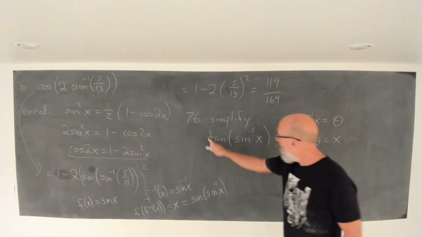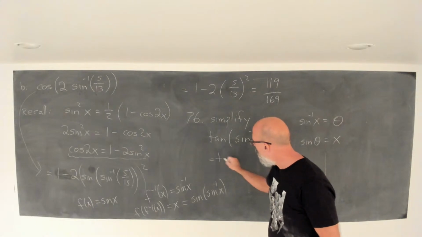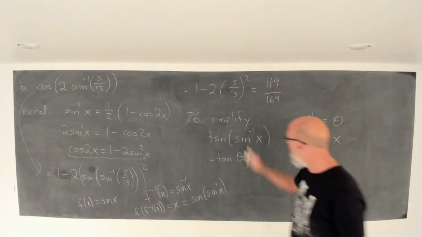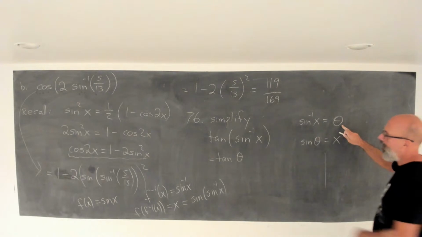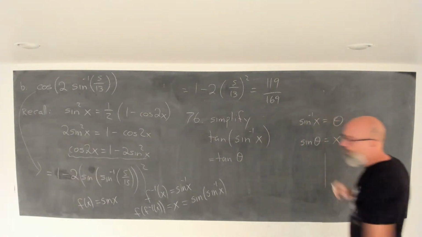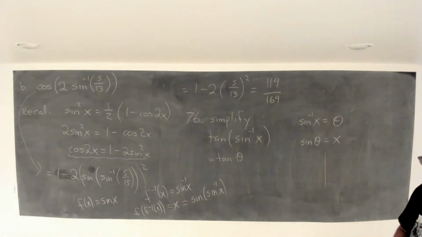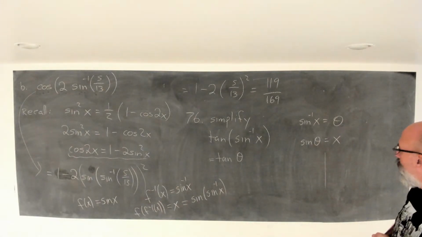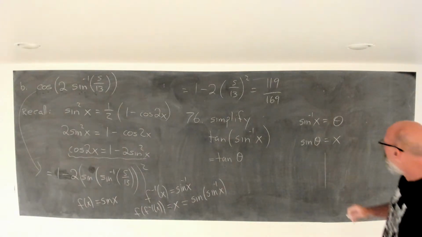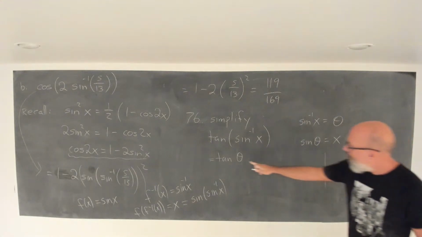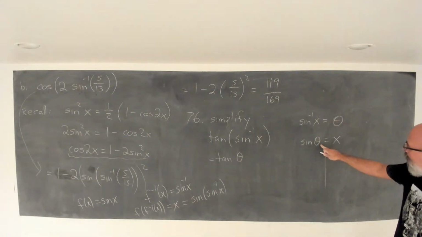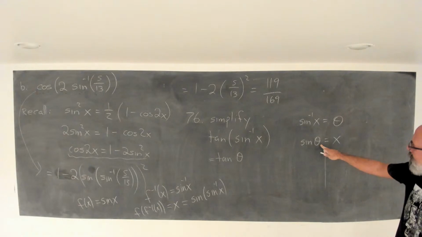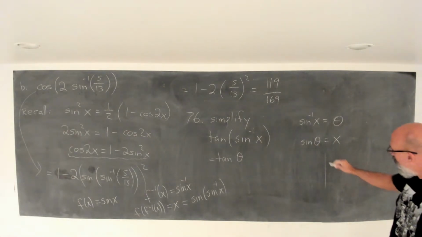Right? And here, what do I want to do? I want to evaluate tangent of theta. I'm calling arc sine x theta. So I'm really evaluating tangent of theta here, for sine of theta equal to x.